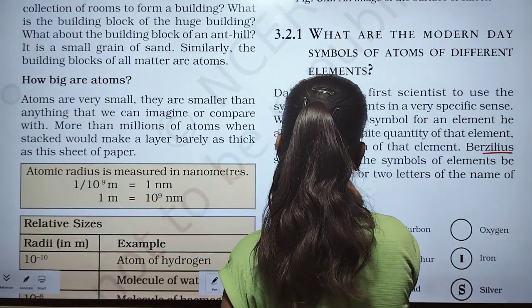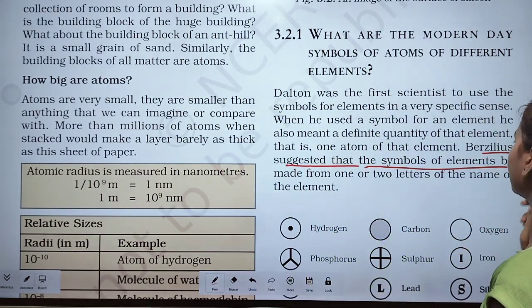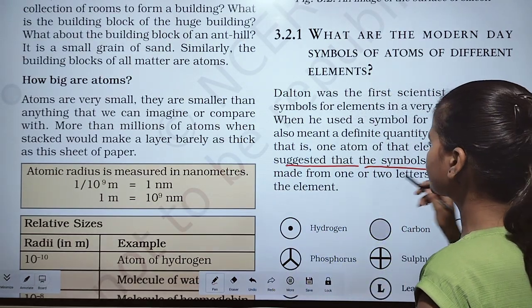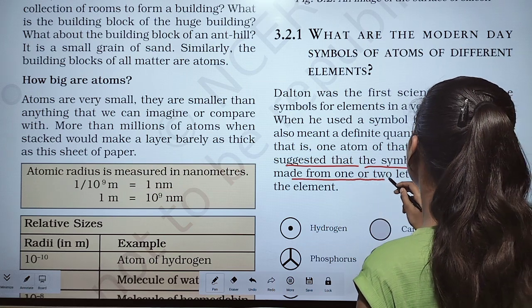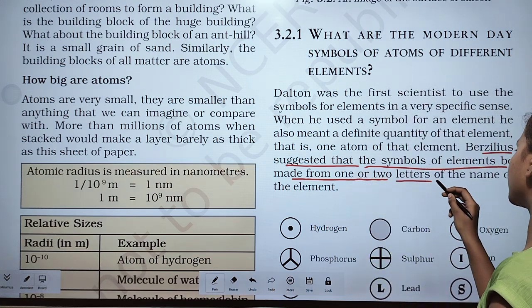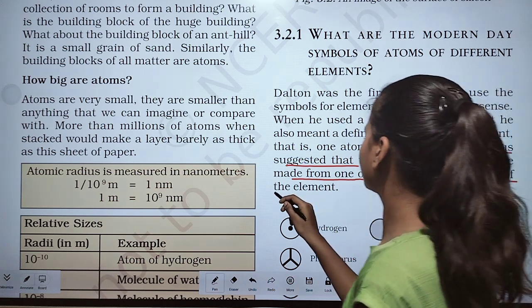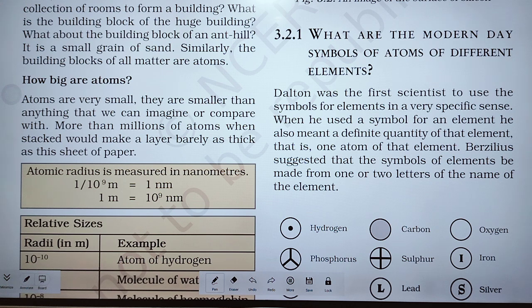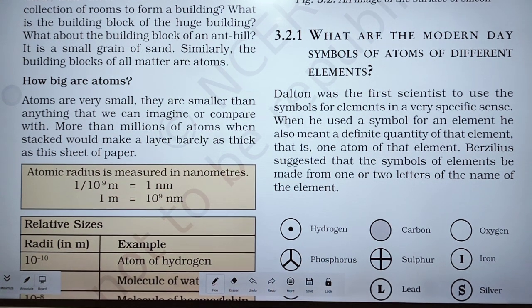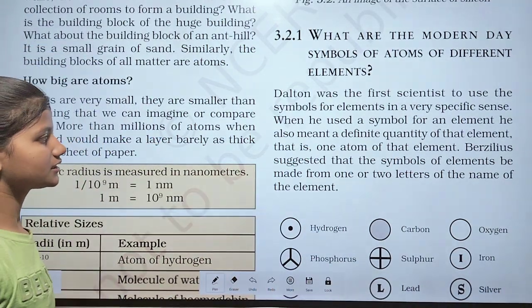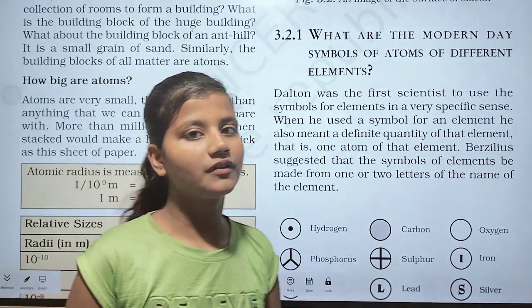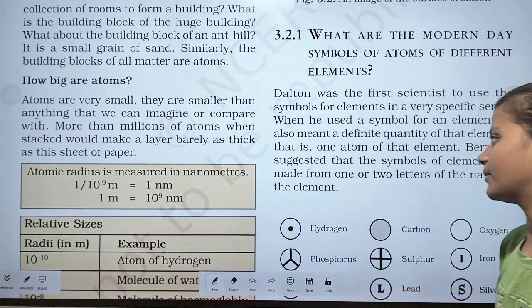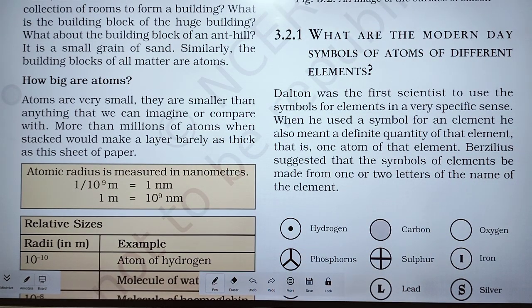Berzelius suggested that the symbol of an element be made from one or two letters of the name of the element.